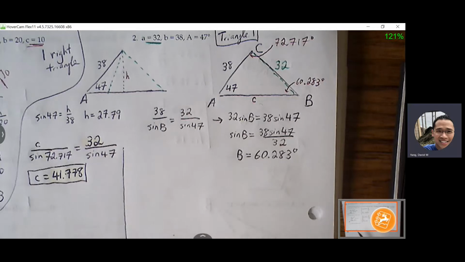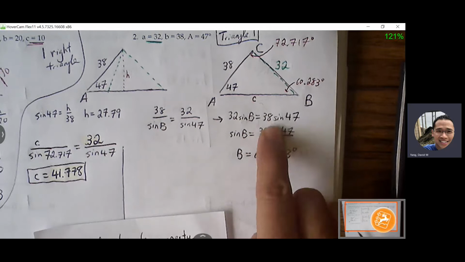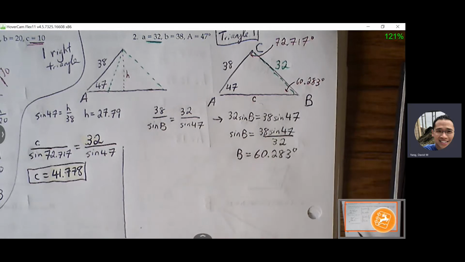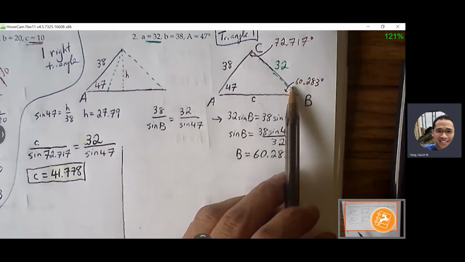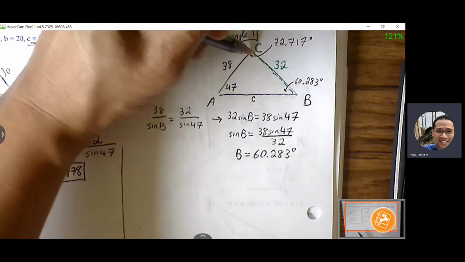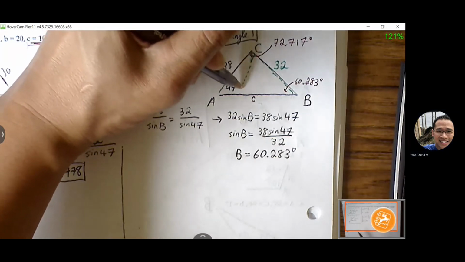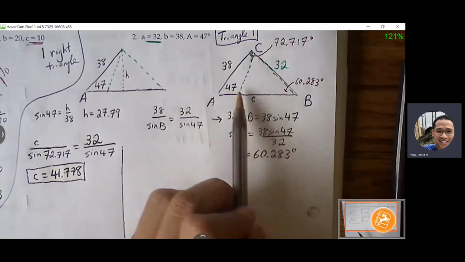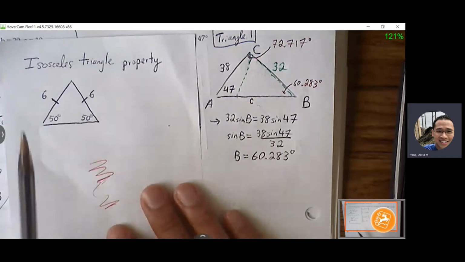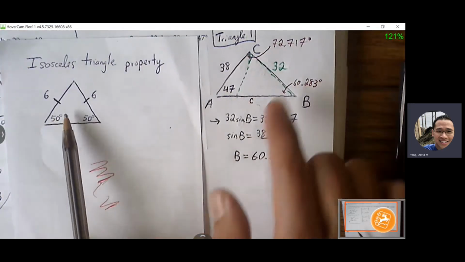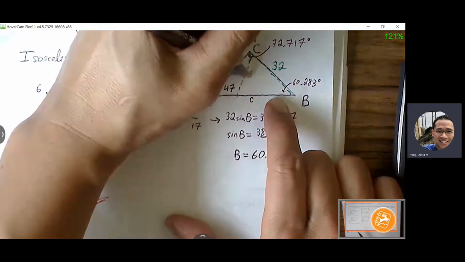I want us to revisit the idea that the triangle that we just found is out here, but the new triangle that we're going to find is going to be an obtuse triangle here. But then there's a special relationship here, and that is with the isosceles triangle property. Okay, this is 32.